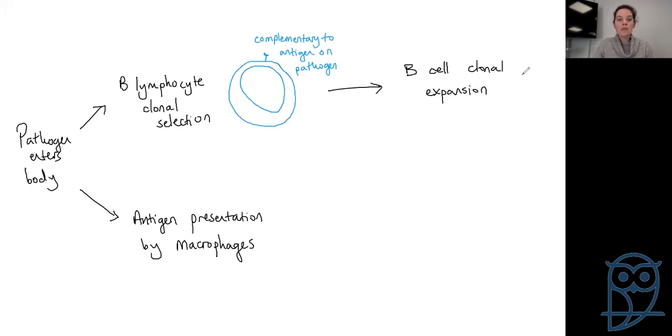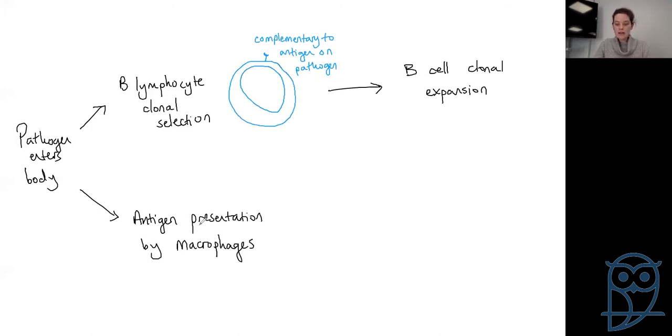So we're talking here about the importance of mitosis, because remember, with mitosis we're doing a genetically identical copy of the cell. So the new cells produced, the daughter cells, are going to be exactly the same as this original cell that responded to the pathogen. So now we are creating an entire clone of B cells, which are all going to respond specifically to this pathogen.